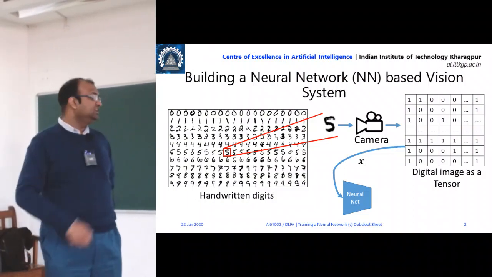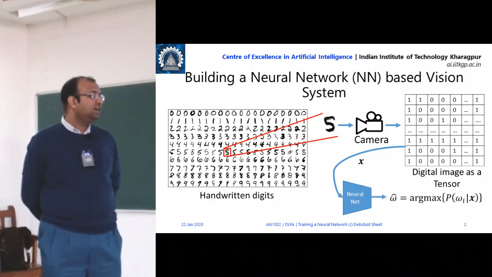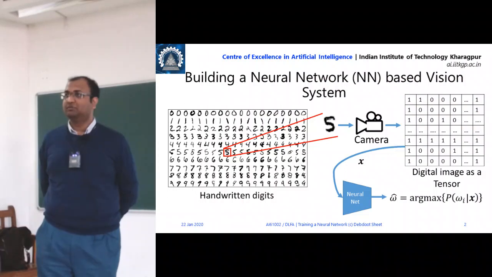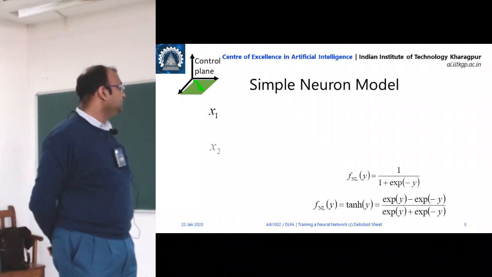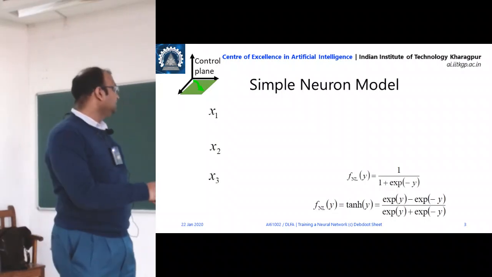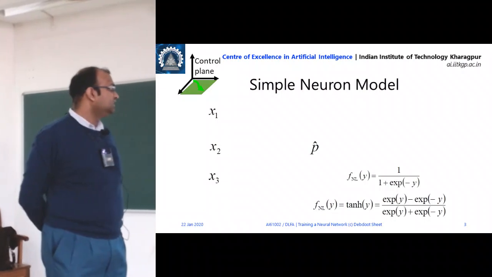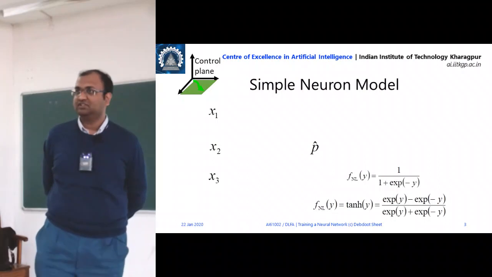Now that linearized 784 tensor, which is x, goes into this neural network, and out you get a probability. Okay. Then we saw that a simple neuron can be written something like this: you have a set of inputs, say x1, x2, x3, and I want to predict a particular outcome, which is called p, my predictor.